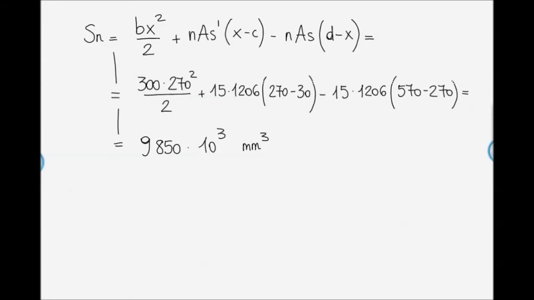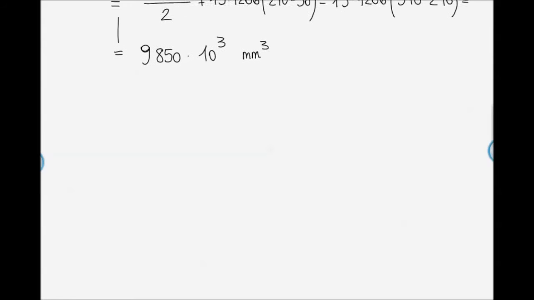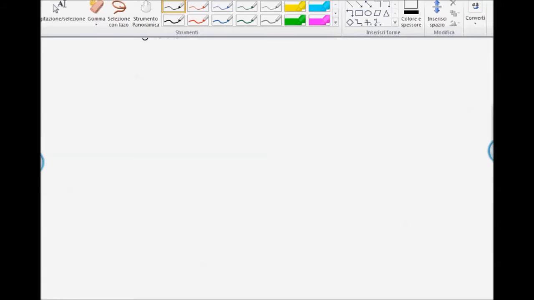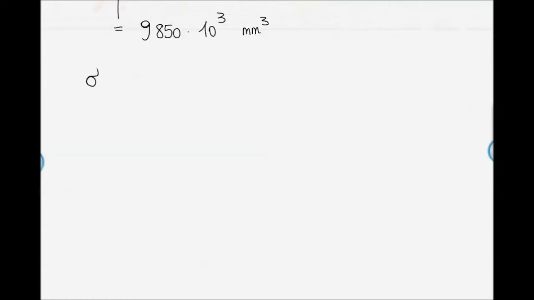So we can now calculate the stresses. We have sigma C, that is equal, if you remember, to N over Sn by x.